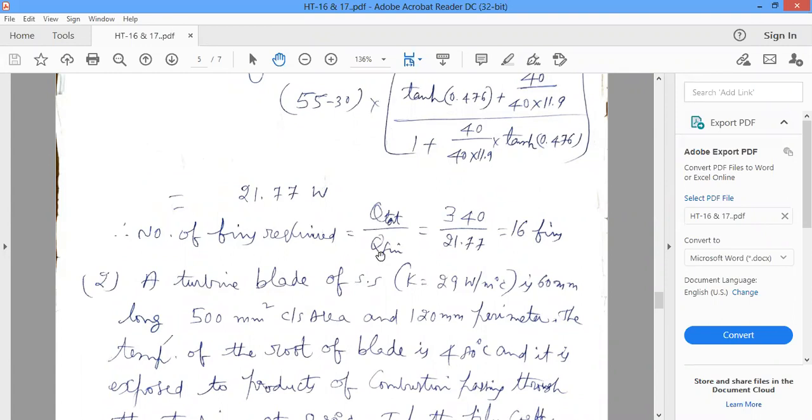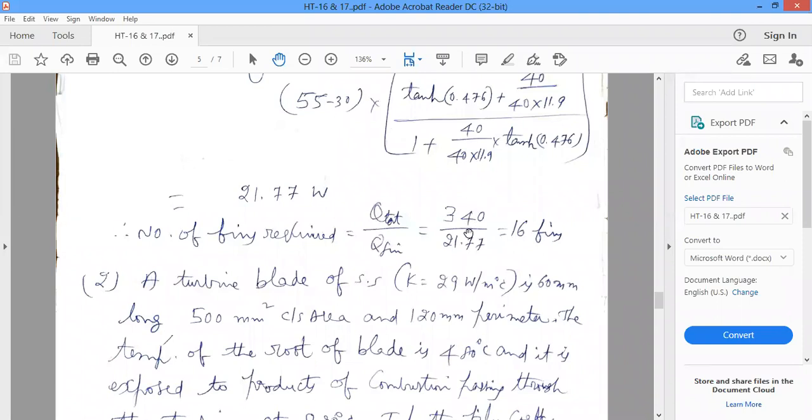That is the heat transfer through a single fin, if you use only one fin. That's why 340 divided by 21.77. With one fin, you are removing 21.77. But the total heat to be dissipated is 340 watts.